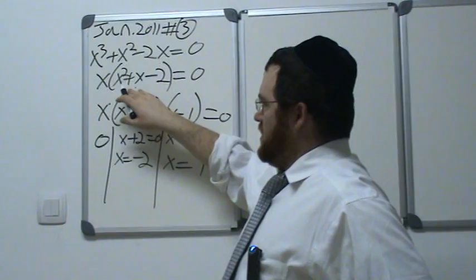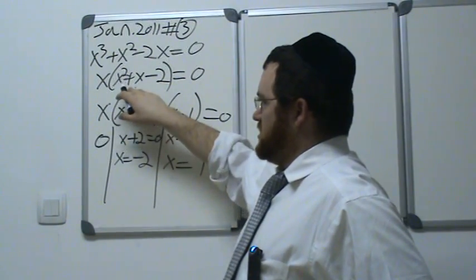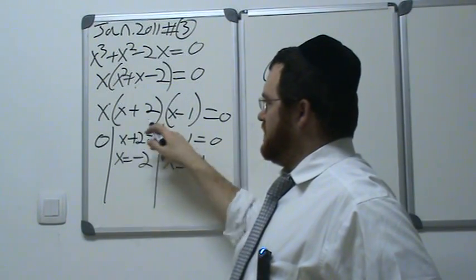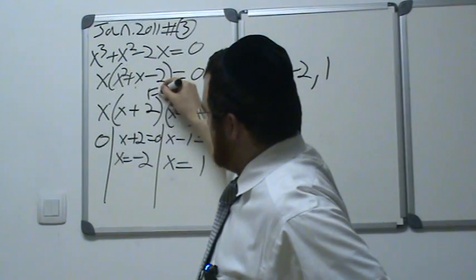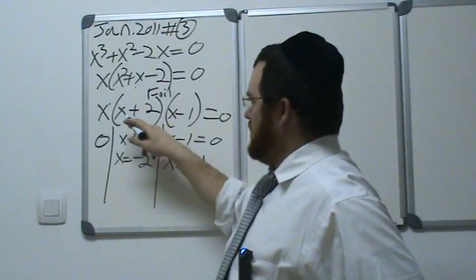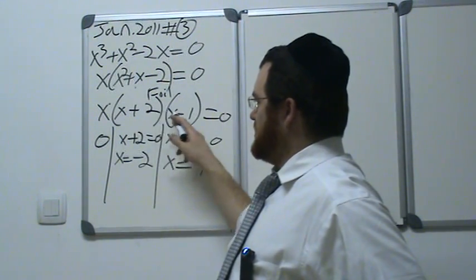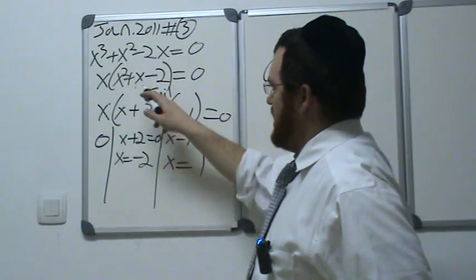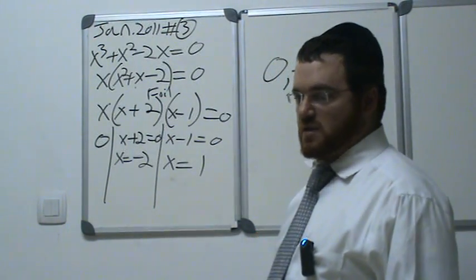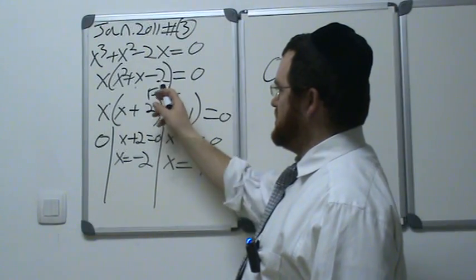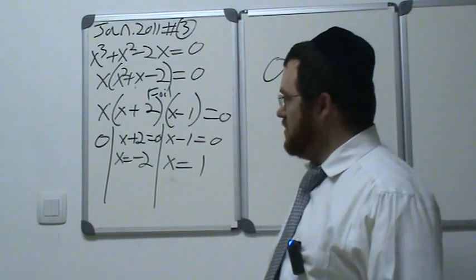Since you just have an x squared, you factor into FOIL form: first, outer, inner, last. You do x plus and minus, and when you add them together it gives you a positive x, and when you multiply the two last terms together it gives you negative 2.